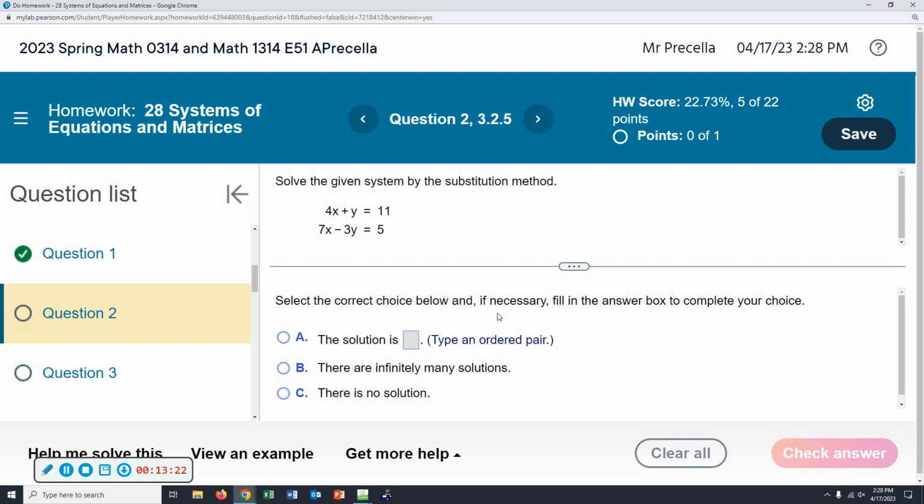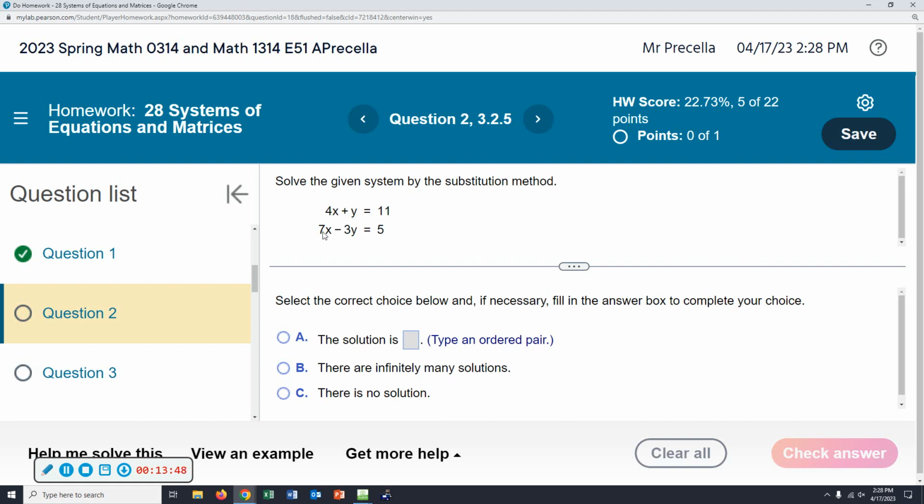So you need to figure out which one would be the easiest to isolate. Like if you were going to try to isolate this first x, you would move the y over and then divide by 4. That's going to get you fractions. I would not use substitution if it meant winding up with fractions to work with.